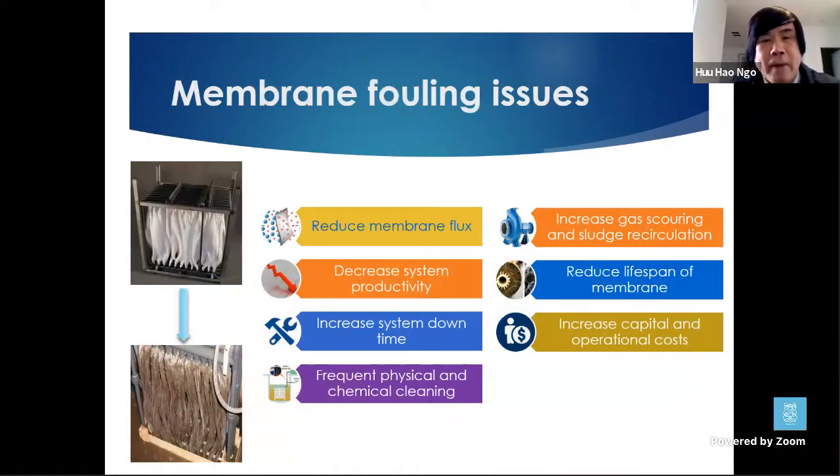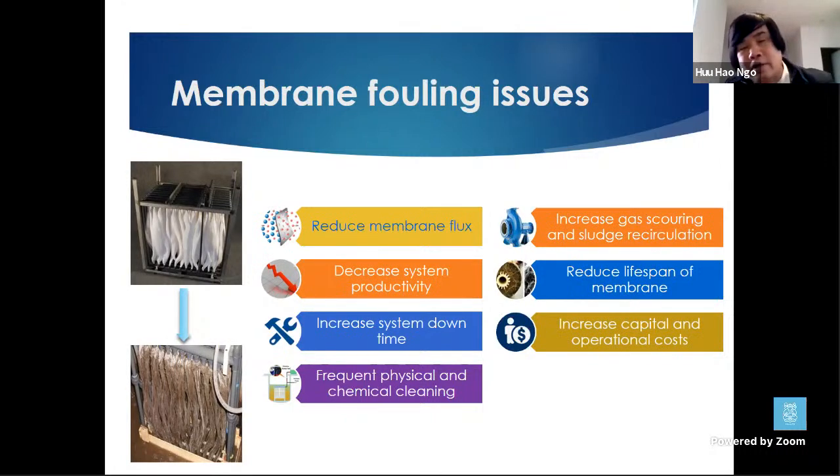Okay, so the membrane fouling, I will go through very quickly because of the time constraint. But anyway, the membrane fouling is really more serious. It's the reason why people don't like to use the anaerobic MBR. Quite serious.